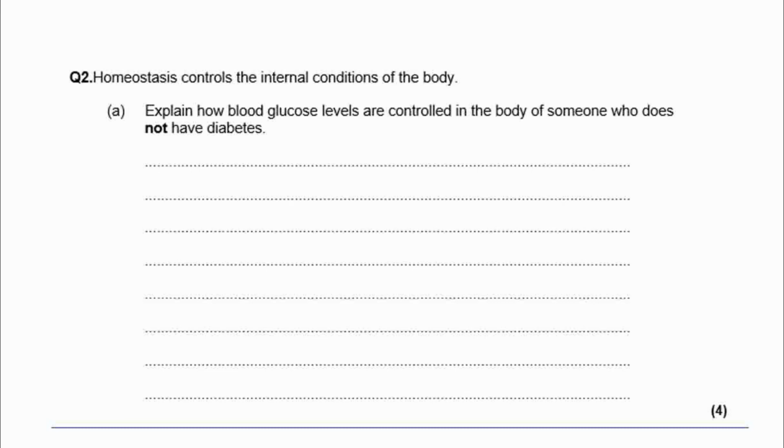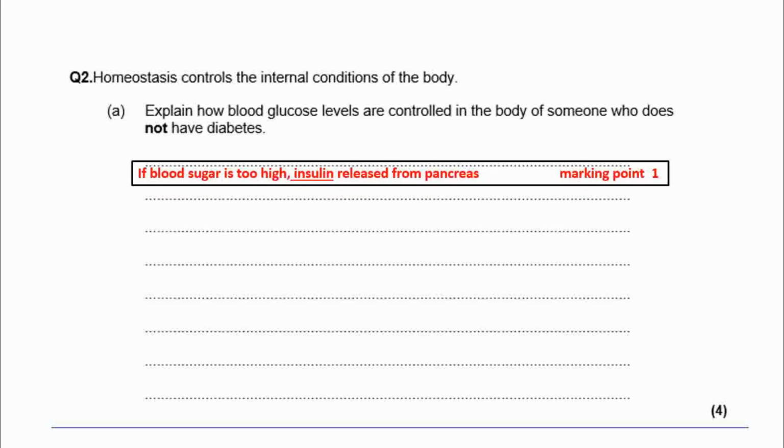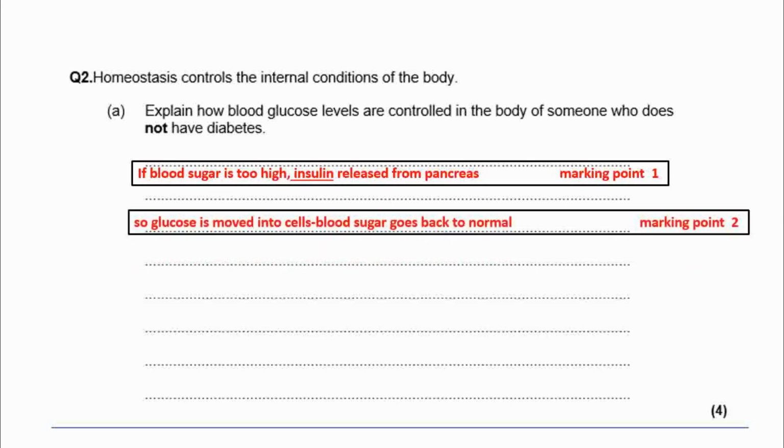4 marks means that you need 4 extremely good points. First marking point: if the blood sugar is too high, then insulin is released from the pancreas. When insulin is released, it will convert that glucose into glycogen. Glucose is moved back into the cell because the glucose is converted into glycogen.